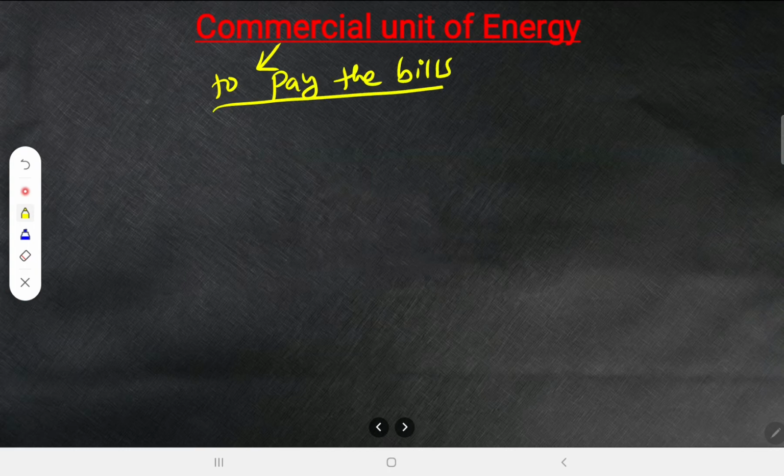Whenever we have to pay the money, how do we have to think about energy? The normal unit of energy is joule, we know that, but what is the commercial unit? Whenever the electricity bill comes to your home, they do not say you have used 100 joule or 1000 joule of electricity. They don't say like that. They give something like units. What is that? We'll see.